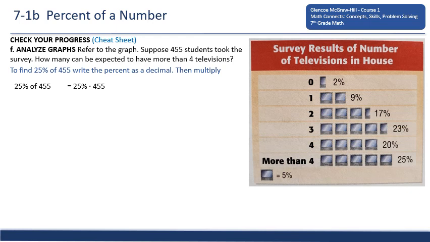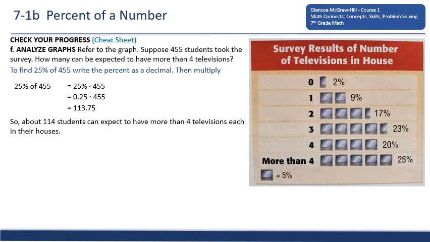Those are the exact same statements, correct? And we're going to change the percent to a decimal. 0.25 times 455 equals 113.75. So about 114 students can expect to have more than 4 televisions each in their houses.